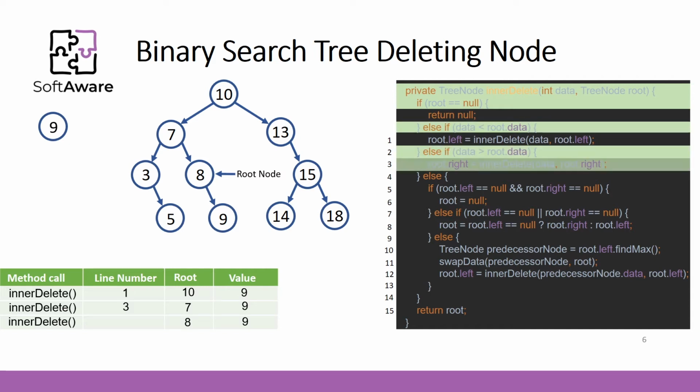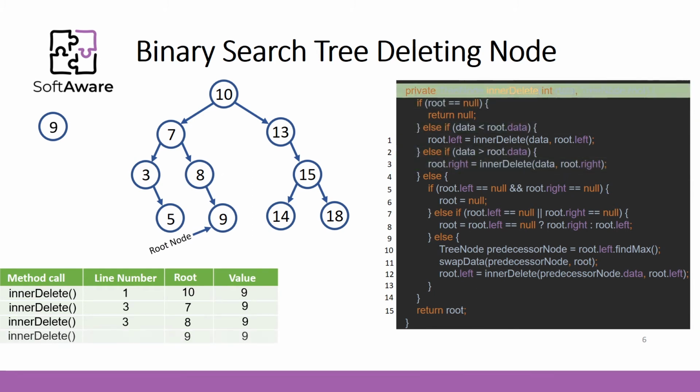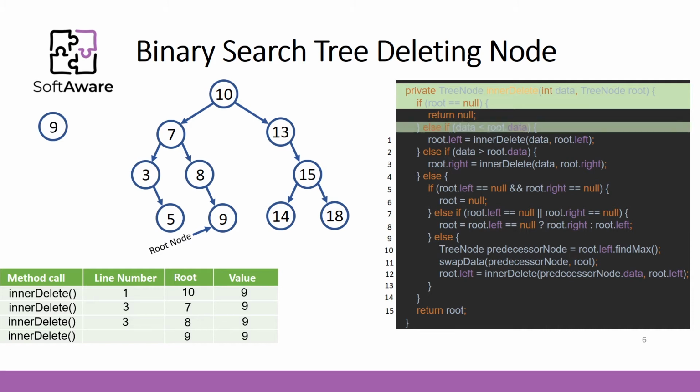Let's store the values in this method call and have another recursion. This time our root will point to 9 and our key value is also 9. We skip the first 3 statements since now we have equal data elements. This means we found the desired data element, or key value, to be deleted.